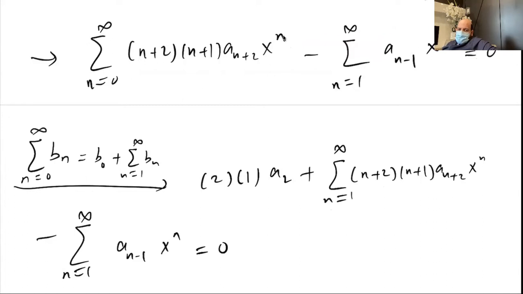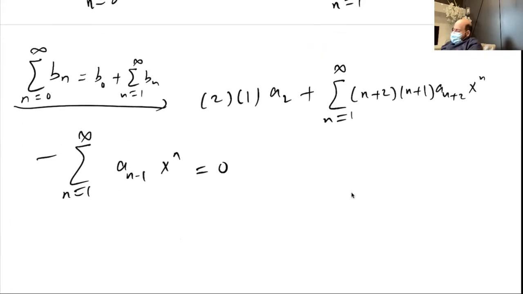So that's why we separated this series as the term with n equals 0 and then the remaining terms, so that the series now starts with n from 1 to infinity, which matches exactly with this series. So now I have two series, both from 1 to infinity, and in both of them the power of x is n. And then what do we get?